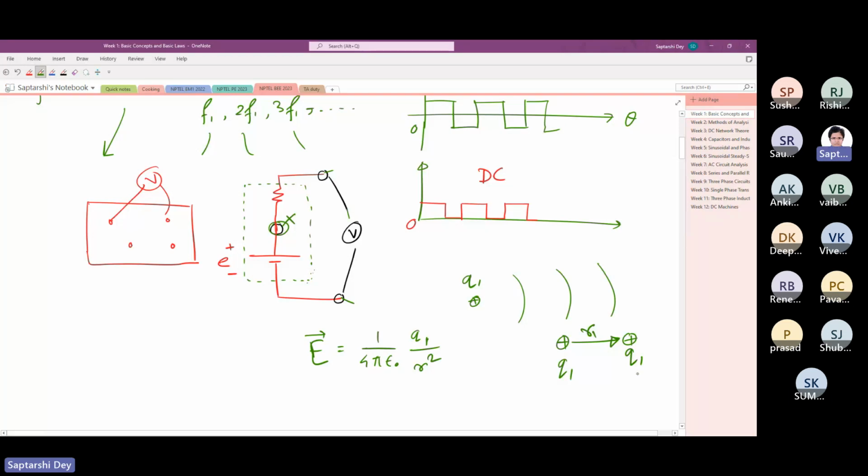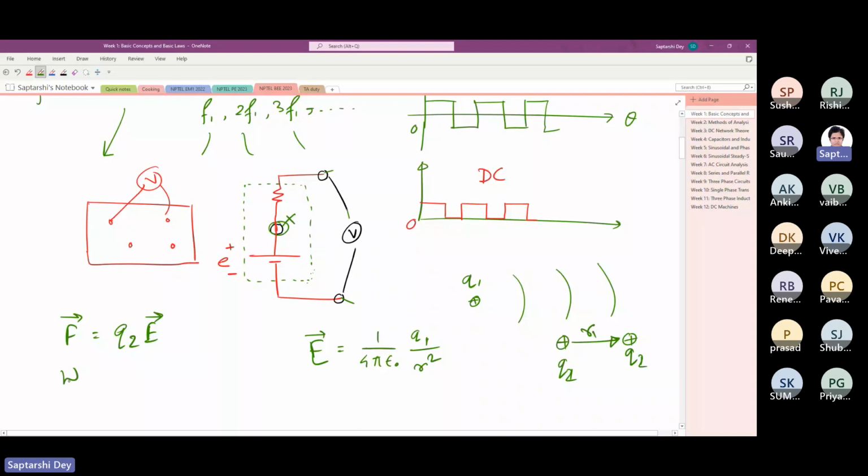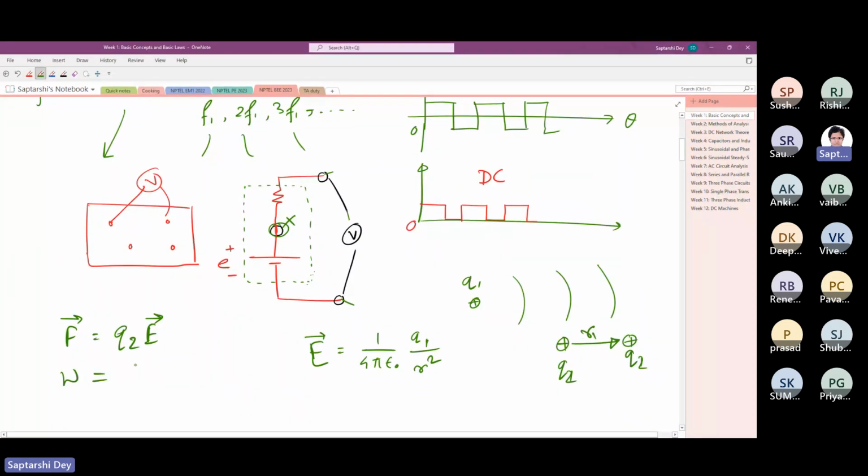How much work you have to do depends on the charge, so q2. The force that you have is q2 times E, and the work done is this times the distance, so F times S.